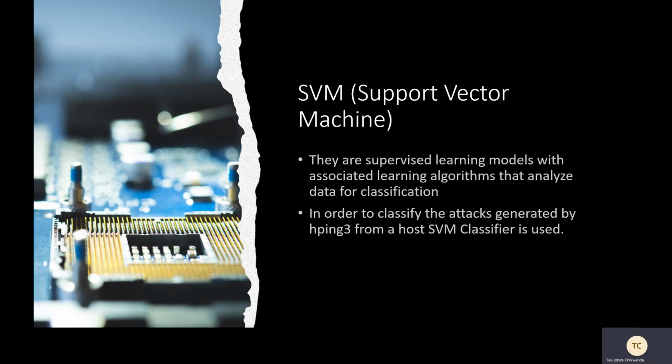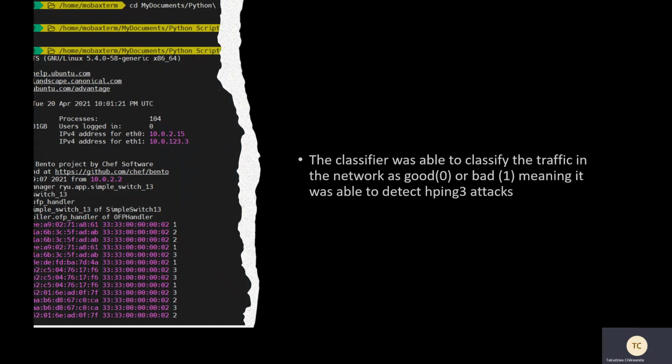In order to classify the tags generated by HPing3, we will use SVM classifier. In conclusion, the classifier was able to classify the traffic in the network as good, which is 0, and if there's an attack, it brings out 1.